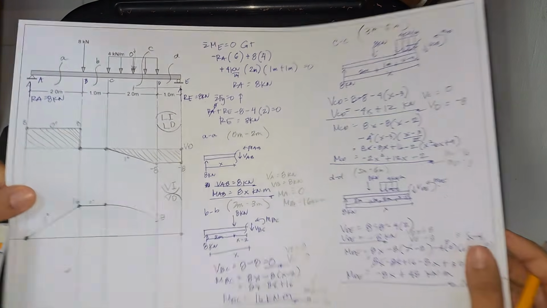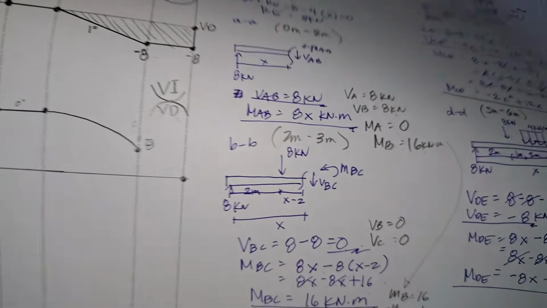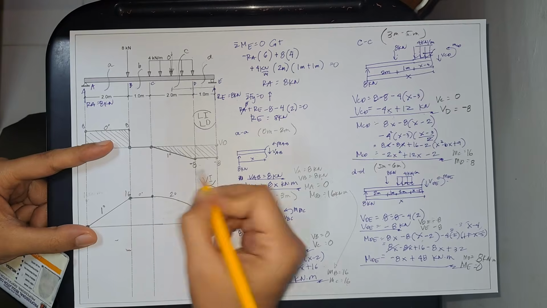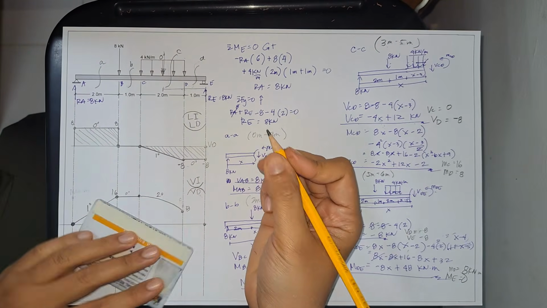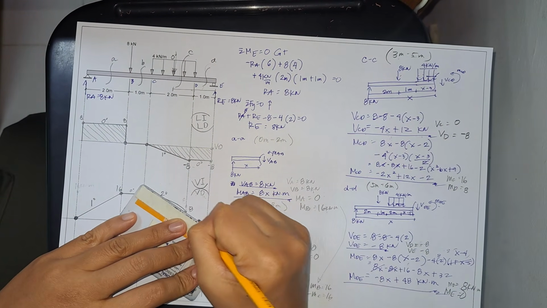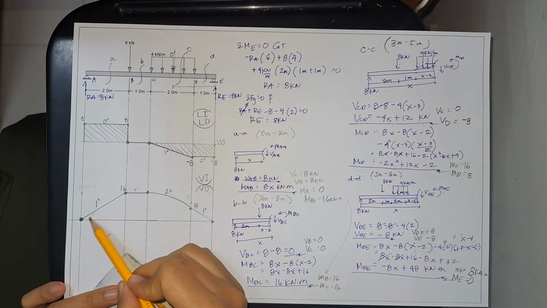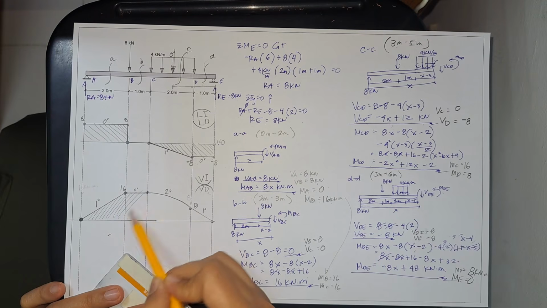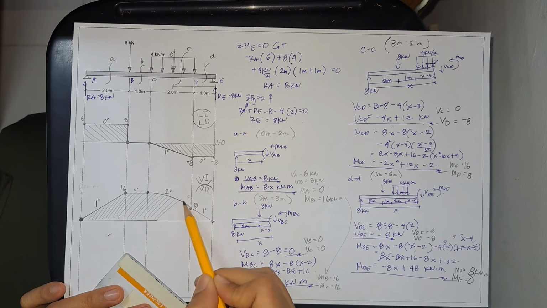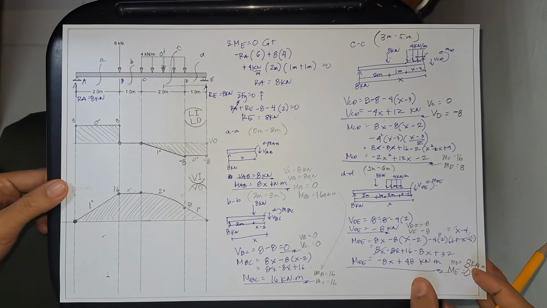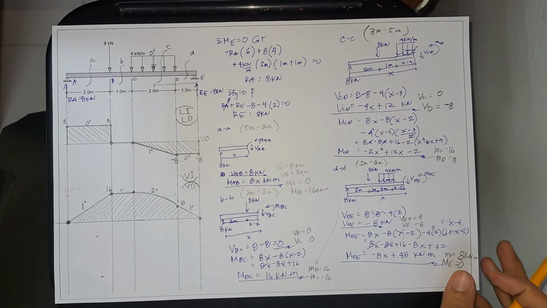Visible naman siguro na concave downward yan. And then, 2 degree curve yan. And then, 0 degree kasi yan. So, straight line lang dito. Straight line. 1 degree curve. Okay? So, ito na po yung ating moment diagram.